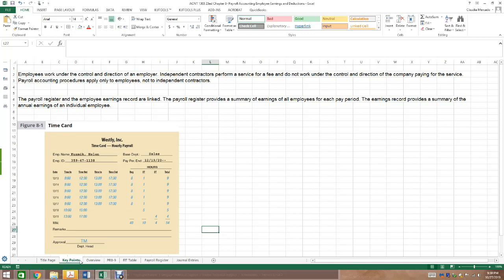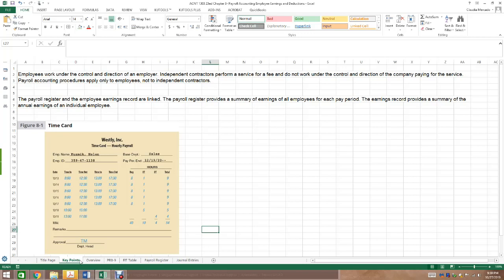Okay. Now the payroll register keeps track of all of your employees. Okay. So it gives you a full view of how many employees you have, how much each of them has made, how much they pay taxes for each. It just provides a summary. We utilize the payroll register to record our payroll transactions. Okay. And we'll see the process in a little bit.